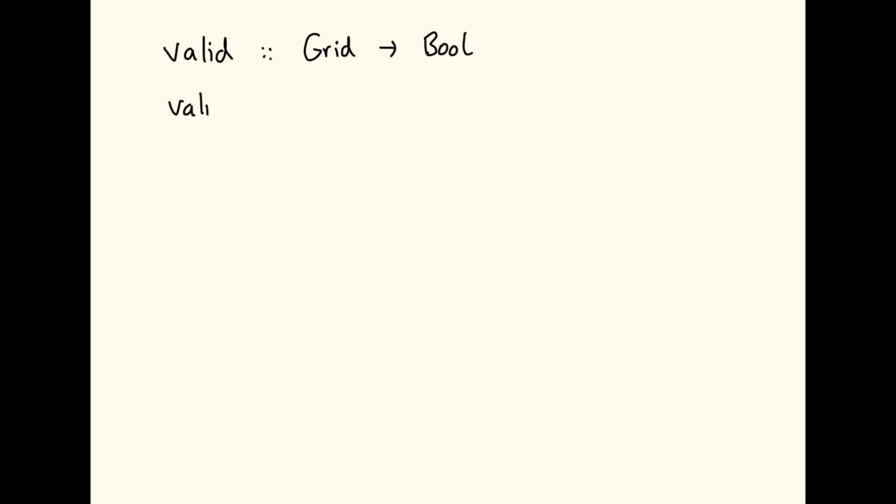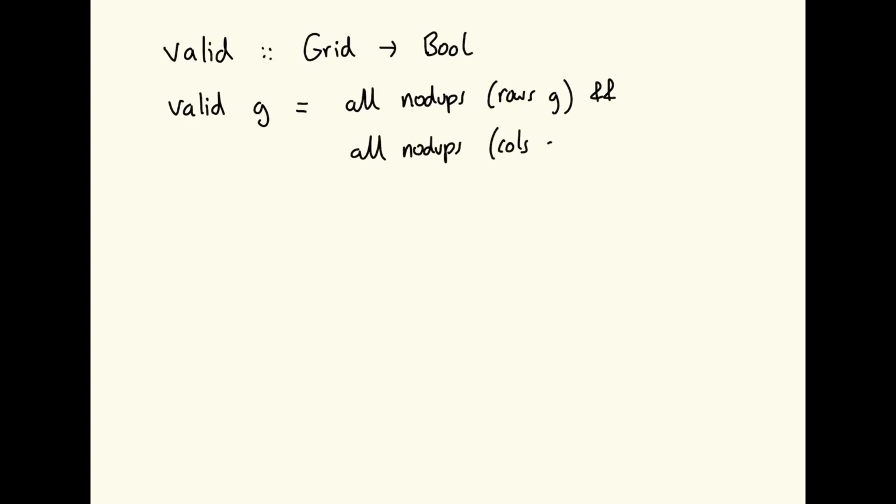So how am I going to define this? Because I've got these three little helper functions, it's actually going to be very easy to define. All I'm going to say is: all no dupes rows g, all no duplicates in the columns, and all no duplicates in the boxes g.